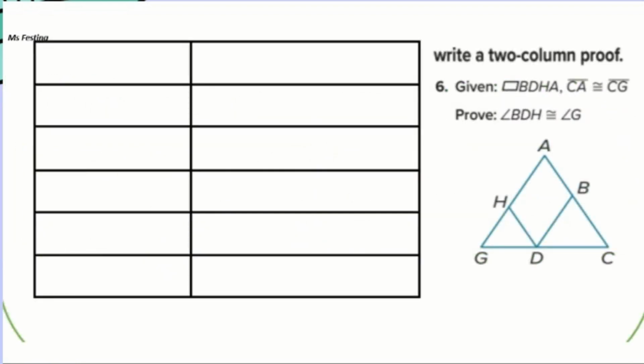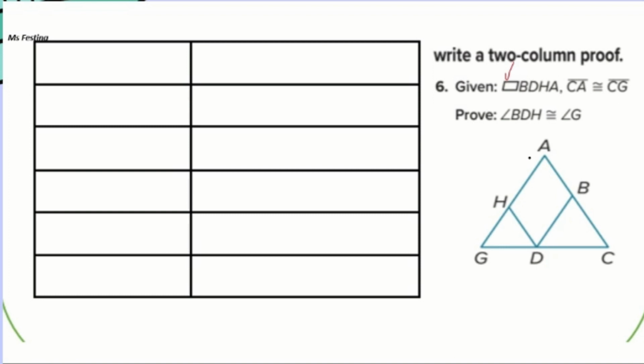So the first one there, we have a question that has to do with what we see here. Let me just use a red marker to show. What we see here is a rectangle, okay? They are telling us that we are given a rectangle BDHA.